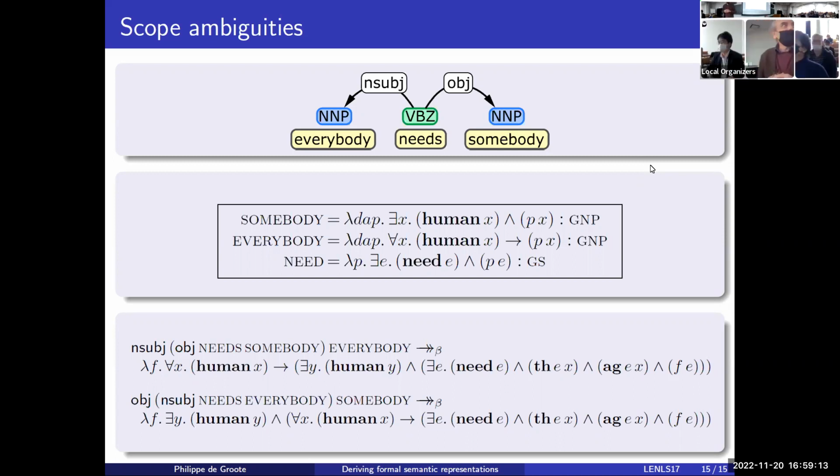Well, I have one general question and one specific question. The general question is how this operation is typed. In other words, how these levels in the dependency tree are consistent.